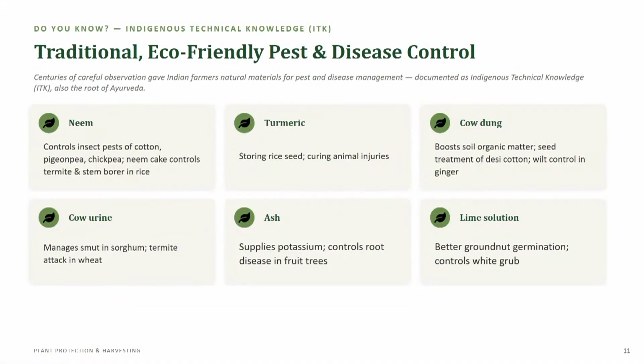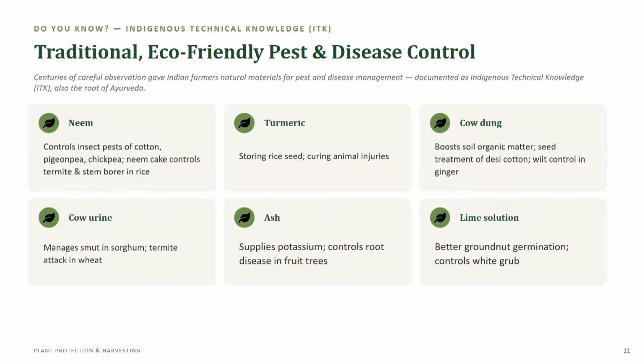Next, let's understand some of the traditional practices that may be used for disease control. Since ancient times, crops have been grown. However, chemical pesticides are a recent invention of humanity.